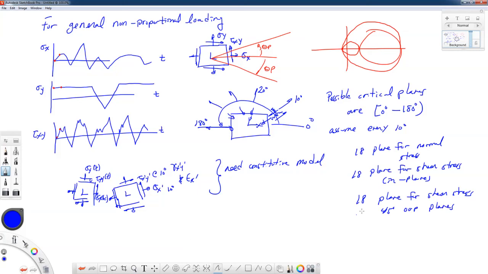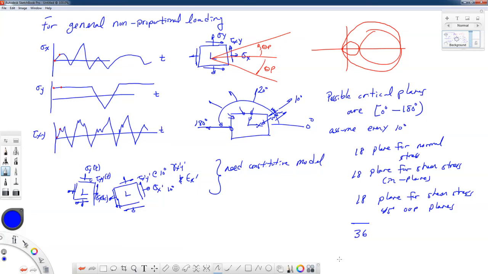So if you don't know anything a priori and you want to go every 10 degrees, now you have 36 different fatigue calculations that you have to do, which includes rainflow cycle counting, evaluating the damage parameters, accumulating damage, and determining the life that you might have.